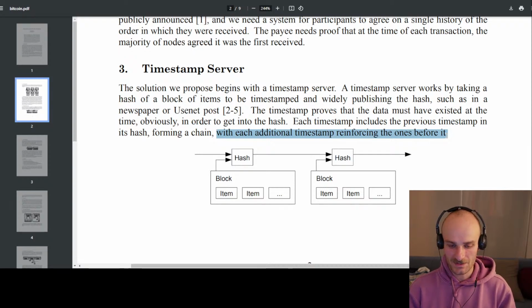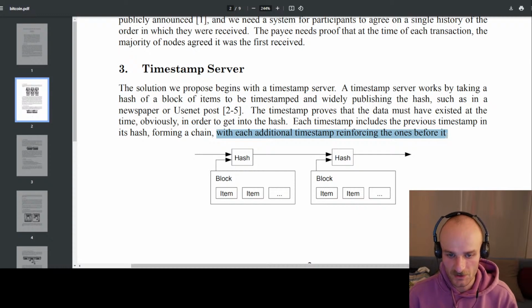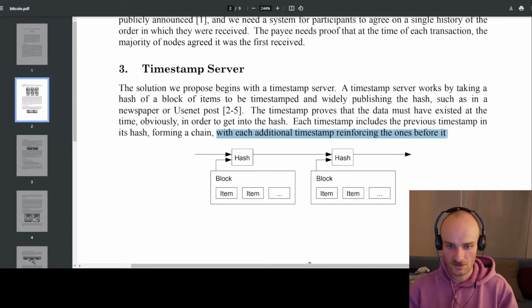This is basically why it's not convenient, why there are not good incentives in attacking this network, because the more the honest nodes work, every 10 minutes they bring up a new block with a new hash, which includes in its definition all the hashes that have been calculated in the whole history.